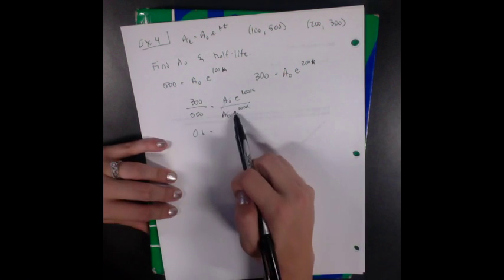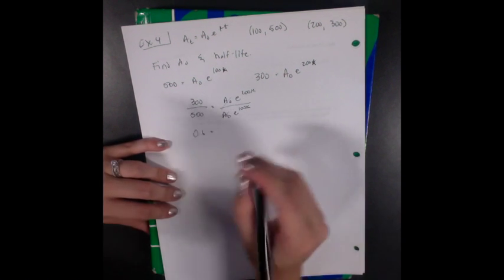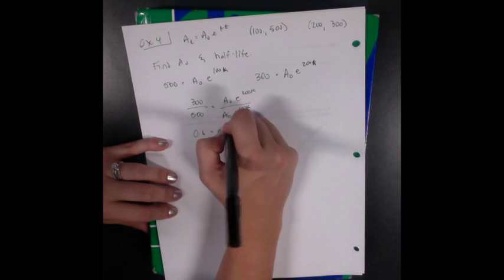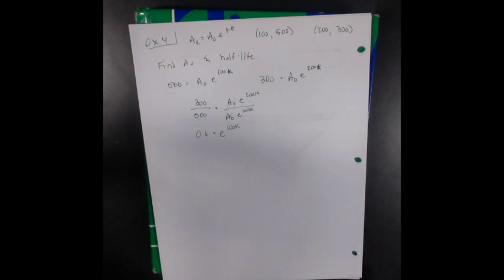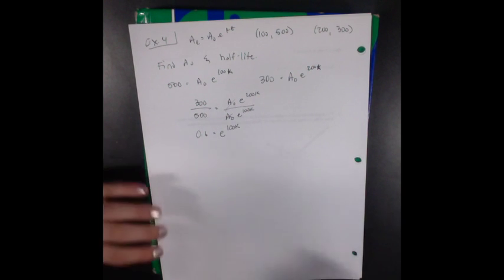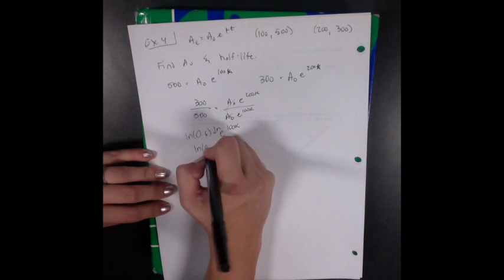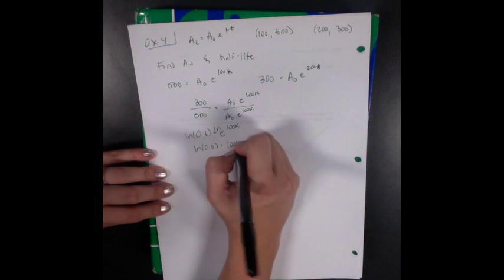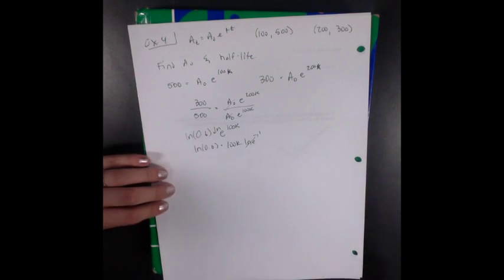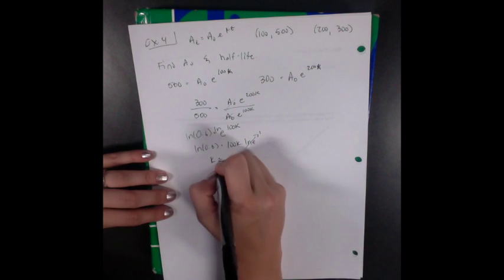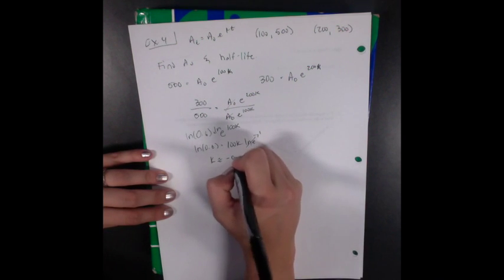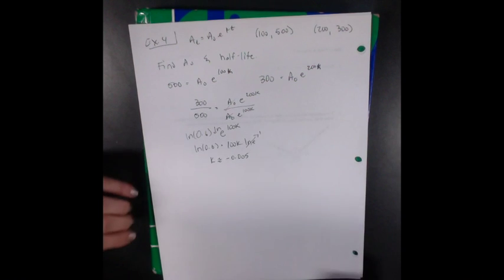And if I have two things of the same base being divided, I subtract their powers, leaving me with e to the 100k. So I'm going to solve for k. Take the natural log of both sides, leaving me with the natural log of 0.6 equals 100k, natural log of e, which is 1. So k is approximately negative 0.005.